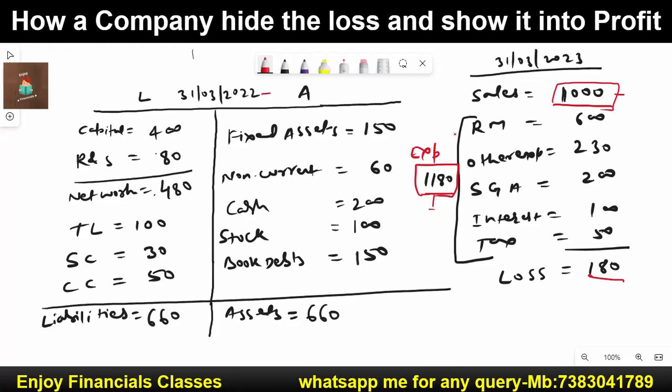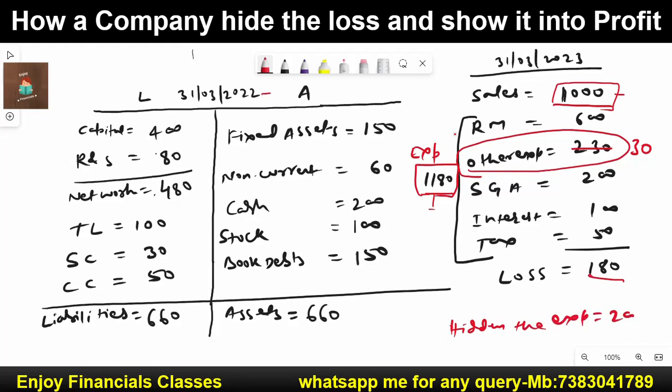See what the company will do. The company has made other expenses of 230. It will not show you 230 rupees as other expenses. It will show only 30 rupees as other expenses. So how much has the company hidden in expenses? The company has hidden expenses of 200 rupees.